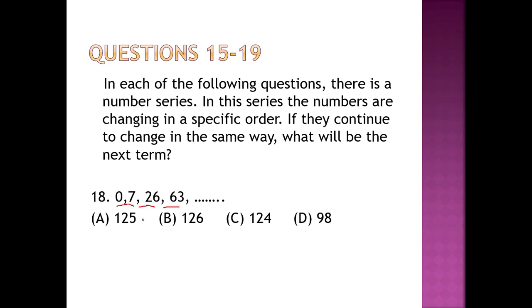And look at these options. The options are so close. We have 124, 125, and 126. So we have to figure this out to the T to make sure that we have the correct answer.